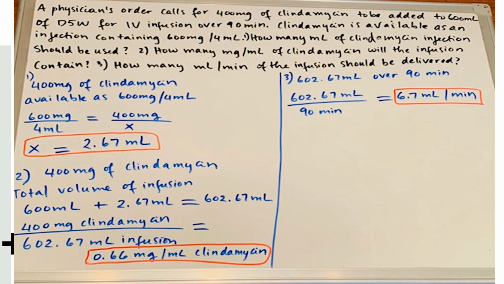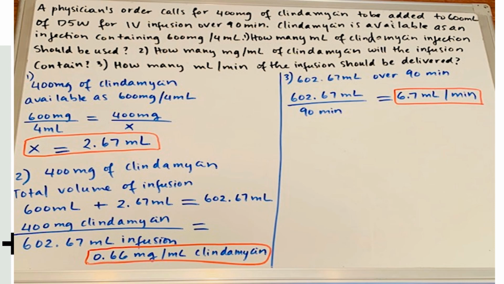We know we have 600 ml of D5W, but remember, the total infusion has the D5W plus the clindamycin. So the majority of the volume will be the D5W, which is 600. But remember, the clindamycin also has a little volume that we just calculated of 2.67 ml. So the total volume of the infusion is 600 plus 2.67 ml. That's 602.67 ml. That's the total volume of the infusion.